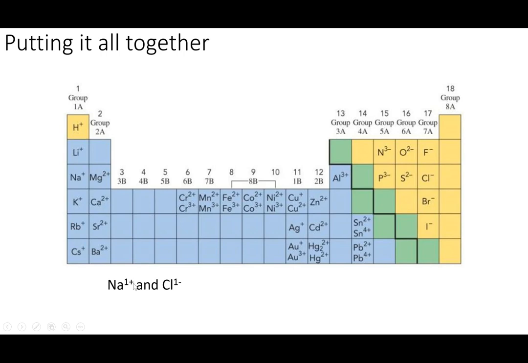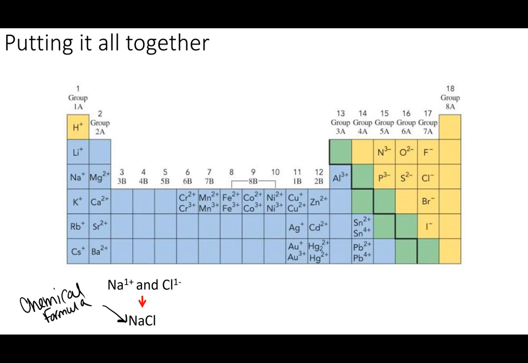Here we see kind of the same thing. Sodium's a positive 1 ion, chlorine's a negative 1 ion, so they come together and form sodium chloride. I have this written out on the next slide, but something I do want to address here is when we write a chemical formula.